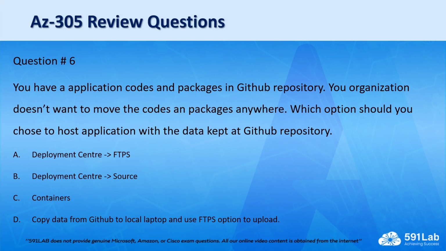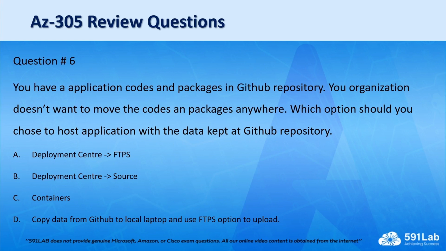So option D is not going to work, and option A, Deployment Center and then FTPS, is also not going to work, because in the FTPS setting, as we have seen in our lab, we simply upload the data from our local machine or from somewhere else to the Azure app. Then we are left with options B and C. Option C is talking about containers, and we are not using containers here. So we are left with option B, which is Deployment Center and Source.